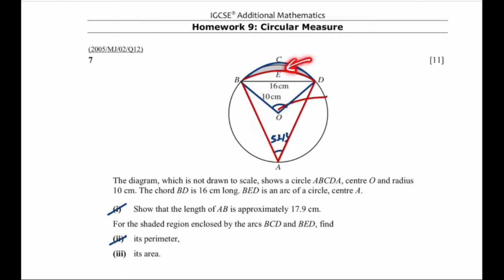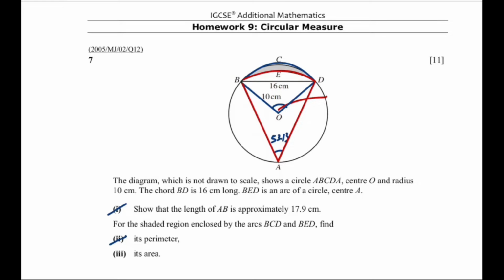Then I have this shaded region. So I have the area of this sector plus the triangle here plus another triangle here, basically the area of the whole diagram, minus the area of sector ABD, that is the shaded region.